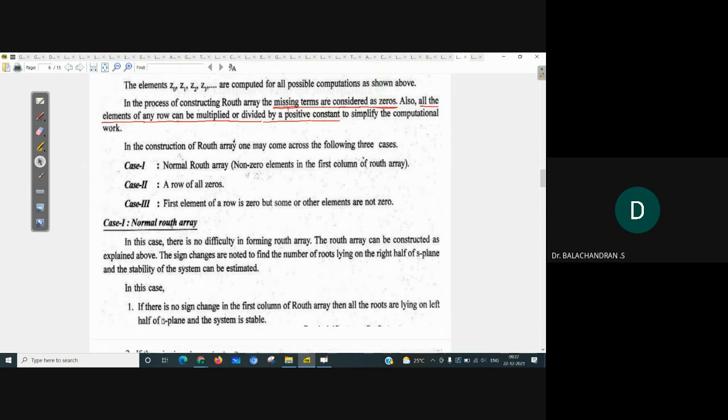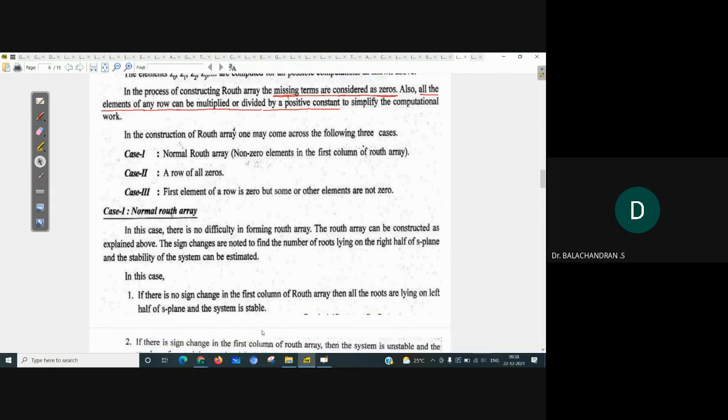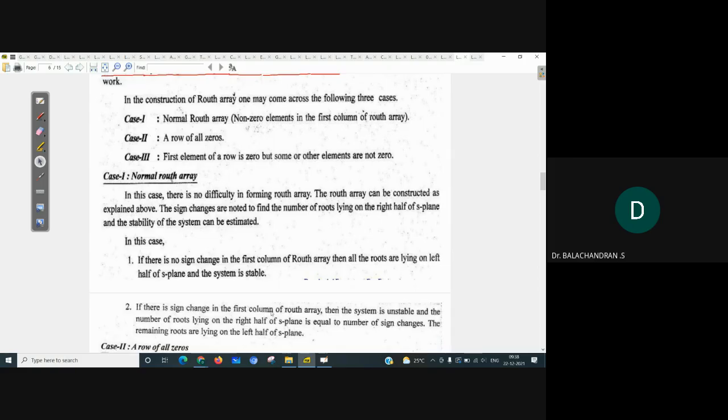If there is no sign change in the first column of the root array, then all the roots are lying on the left half of the S-plane and the system is stable. If there is a sign change in the first column, then the system is unstable and the number of roots lying on the right half of the S-plane is equal to the number of sign changes. The remaining roots are lying on the left half of the S-plane.